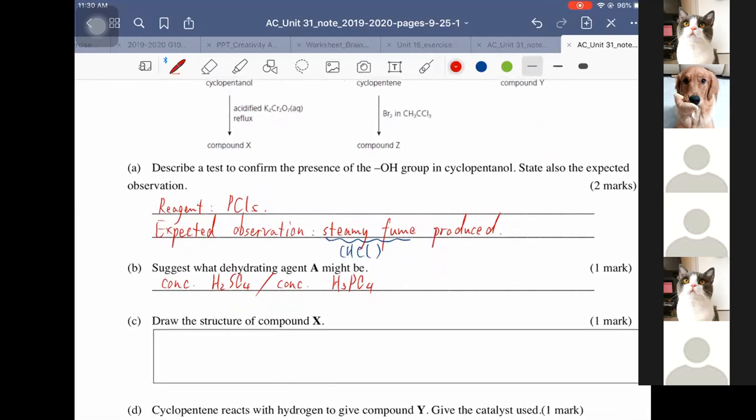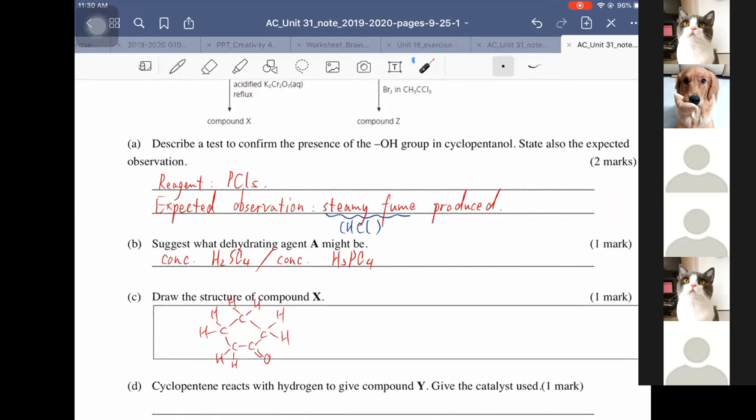We draw the carbon ring first, and then the hydroxyl group turns into a carbonyl group, so we write C double bond O here. Make sure you write the rest with hydrogen as well. That's the structure of compound X. Since the carbonyl group is in the middle of the carbon chain, remember it will not be further oxidized to a carboxylic acid. So we just stop here.